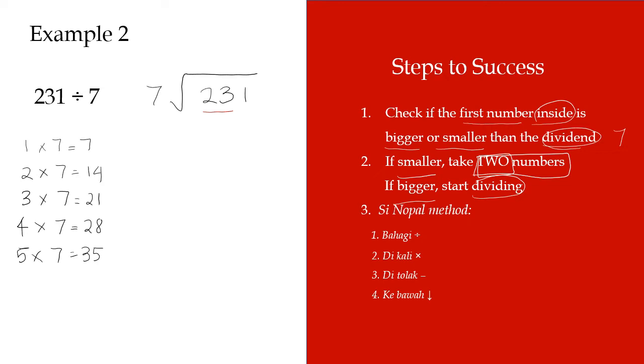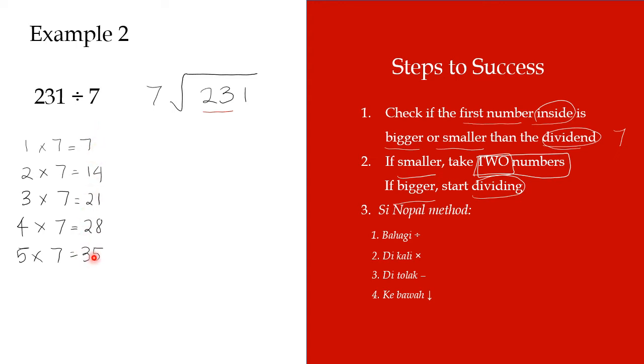So we can start with our Sinopal method. The first one is bahagi. Bahagi here means you divide. So what is 23 divided by 7? So bahagi this number. So 23. Can you see any 23 here in timetable 7?